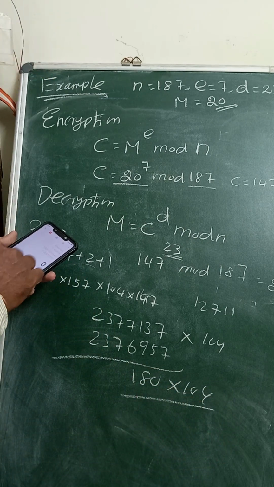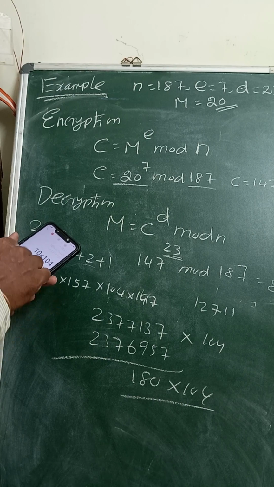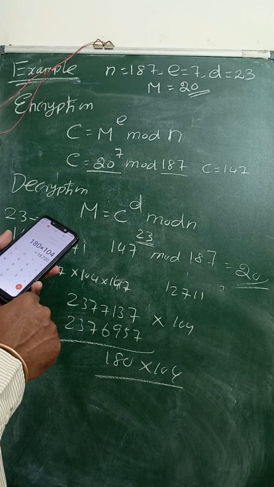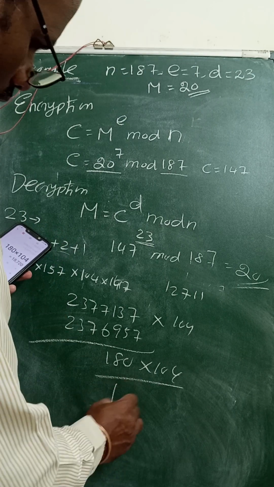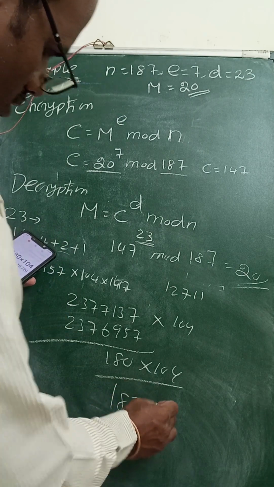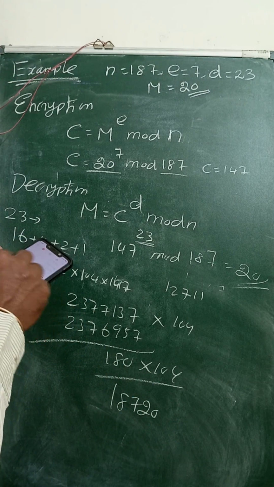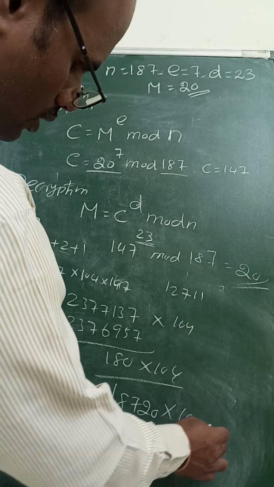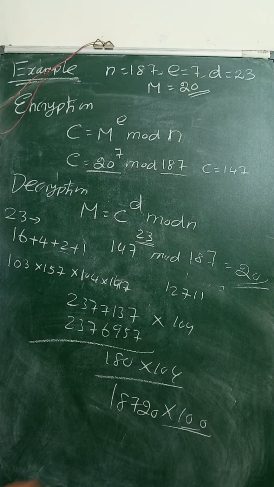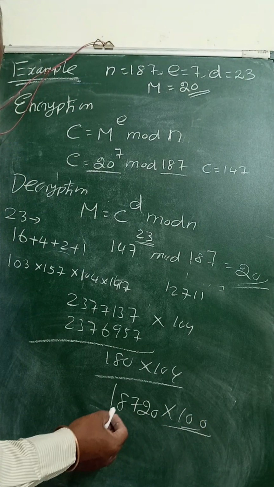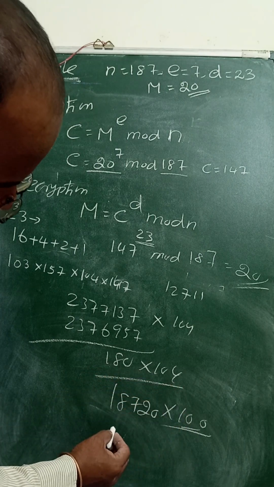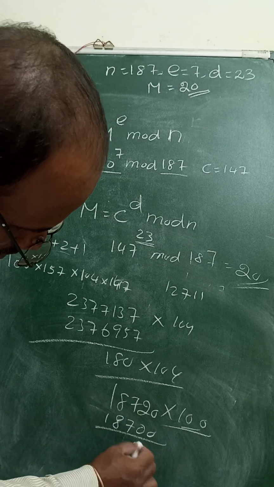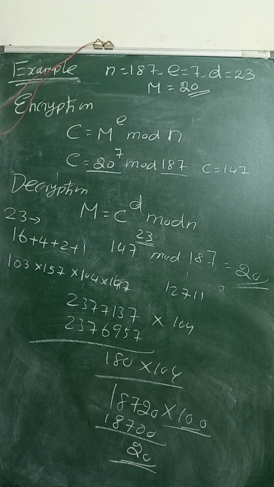180 into 104. 18720. Answer divisible by 187. So we know that our answer is the 180 into 104. 18700, 100 times, the balance equal to 20.